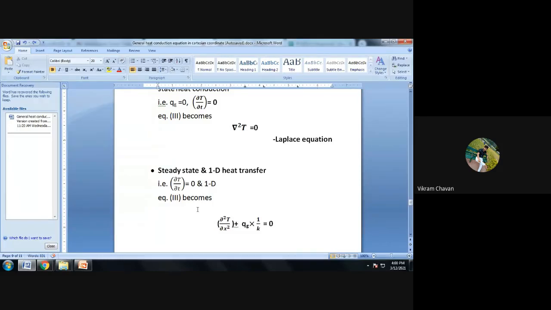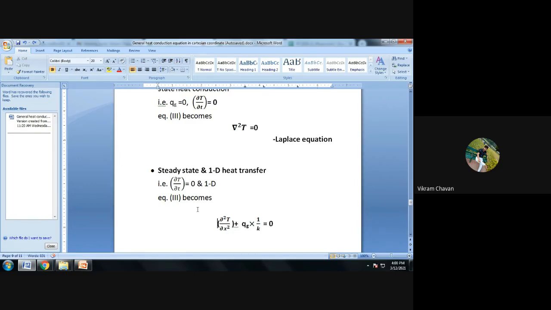That is, ∂T/∂t is equal to 0, and 1D heat transfer.